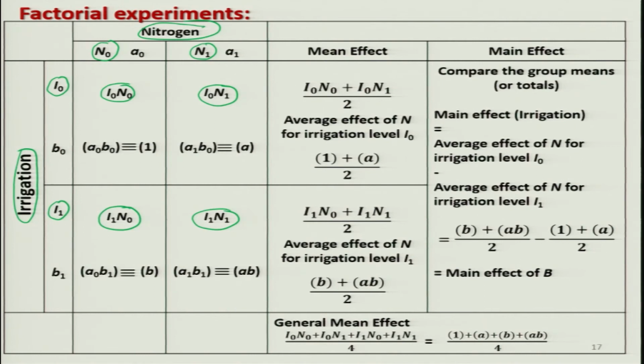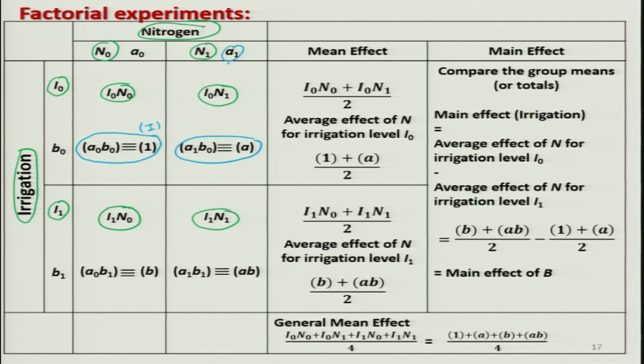That outcome is going to be indicated, within parenthesis, as A0 B0 or equivalently 1, and similarly I0 N1 is going to be indicated by A1 B0.